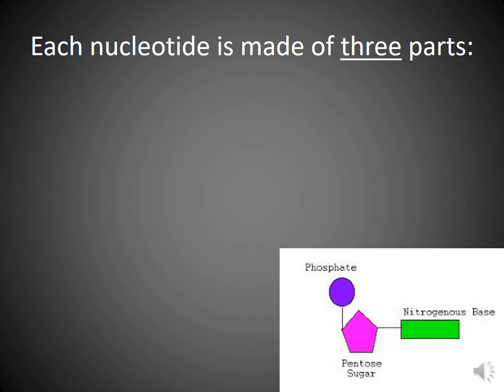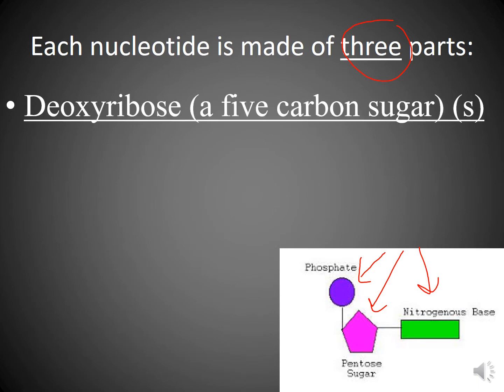Each nucleotide is made of 3 parts. And remember, it was the circle, the pentagon, the rectangle. Deoxyribose, for DNA, is the sugar. Deoxyribose is the 5-carbon sugar. This is what we call our pentose sugar.